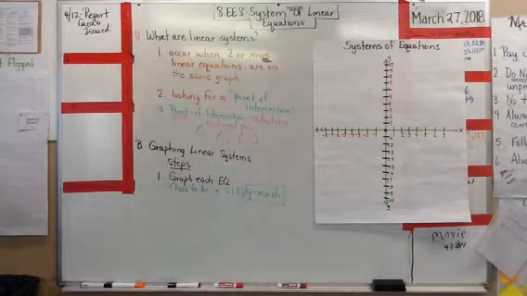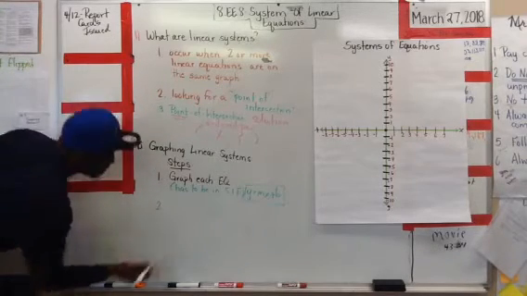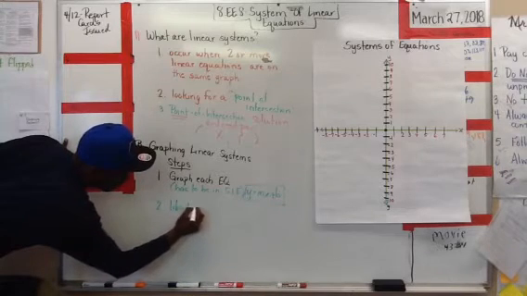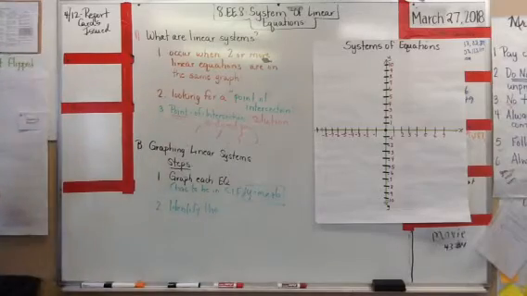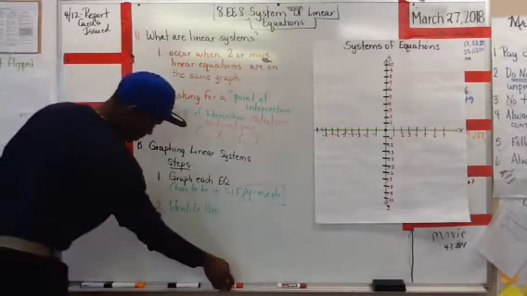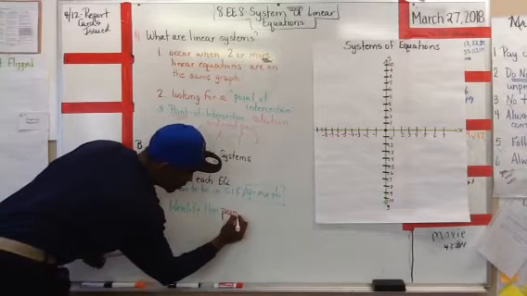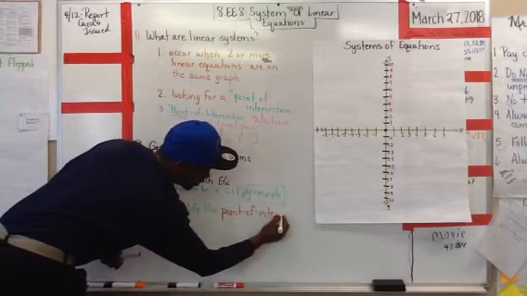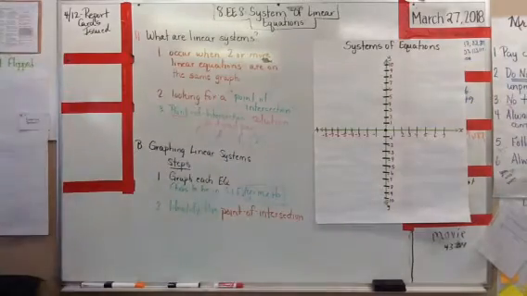Step two, identify the point of intersection. And that's where they cross.